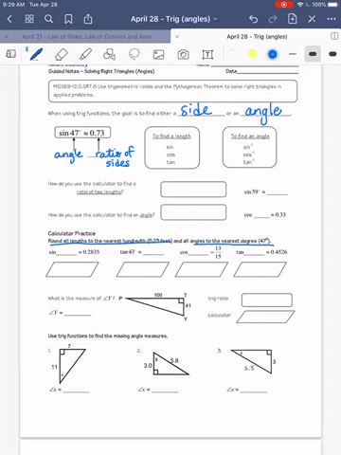When you're using right triangle trig, you're looking for two things. You're either going to be finding sides or you're going to be finding angles. So far we have learned how to do this very well, where we're either multiplying or dividing in the calculator and we're setting up our SOHCAHTOA. Today we're going to learn how to find an angle.